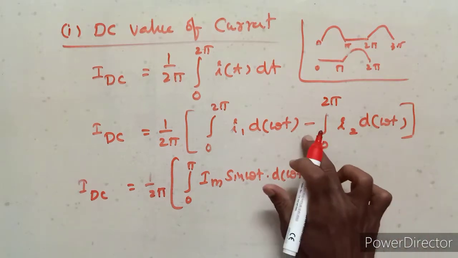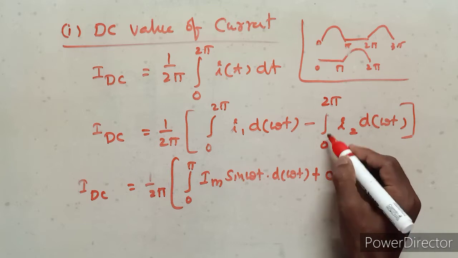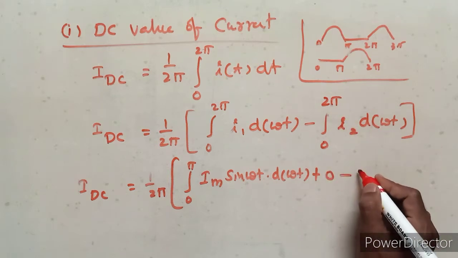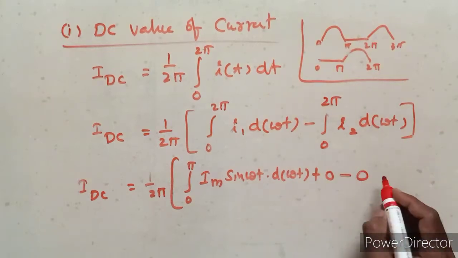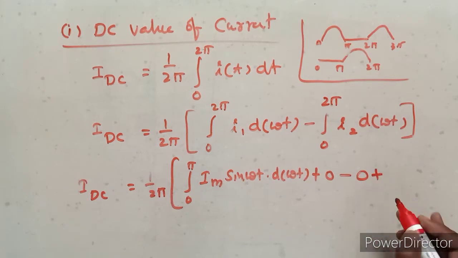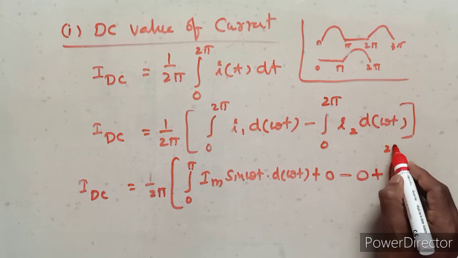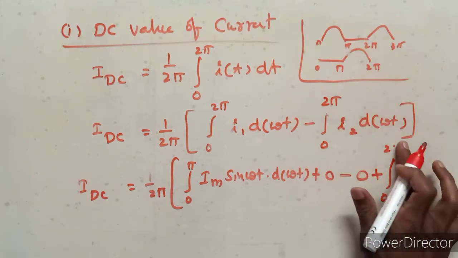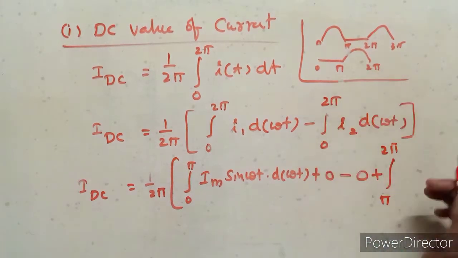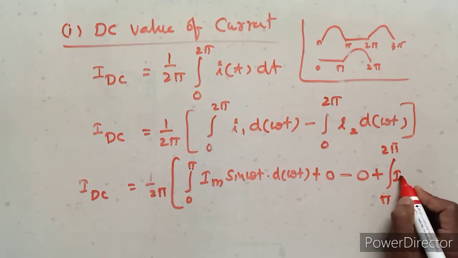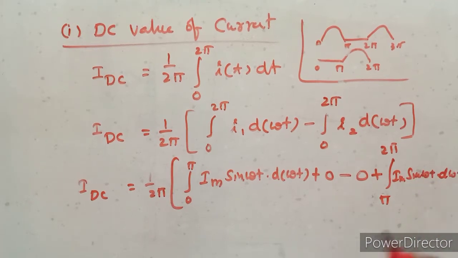Next, for this value, integration 0 to 2 pi: first part is not allowed, so 0, plus integration pi to 2 pi, which is allowed, Im sin omega t d omega t.